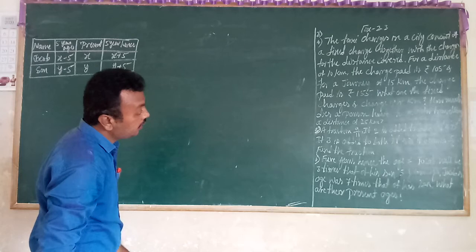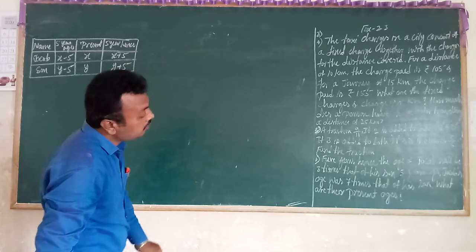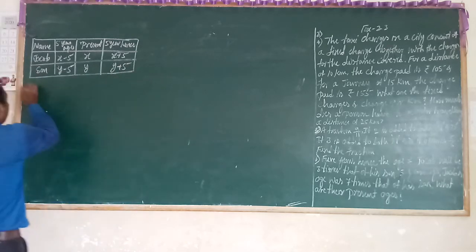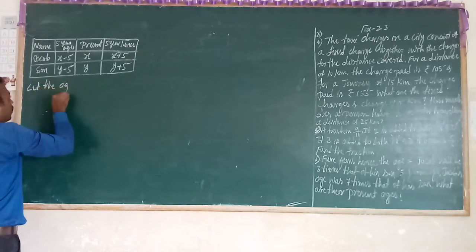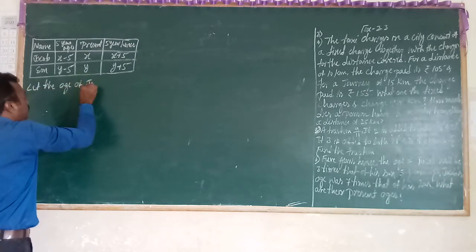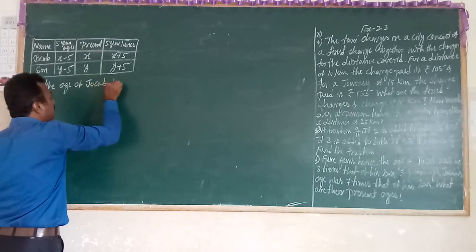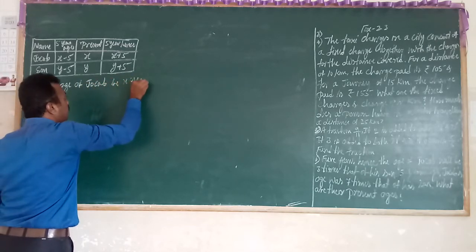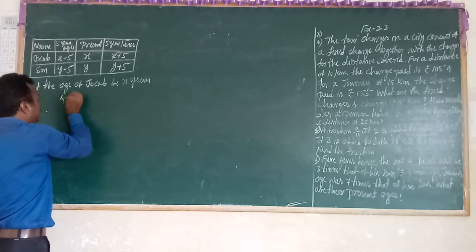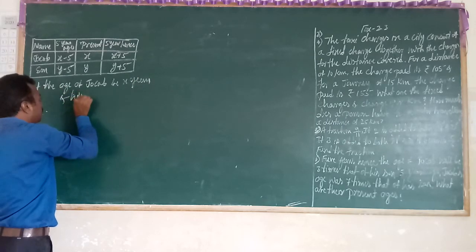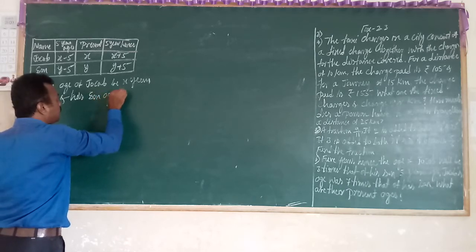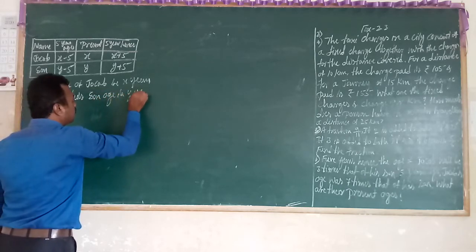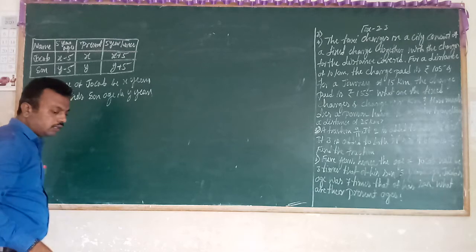5 years hence, the age of Jacob will be 3 times that of his son. See, let the age of Jacob be x years and his son's age y years. Okay.